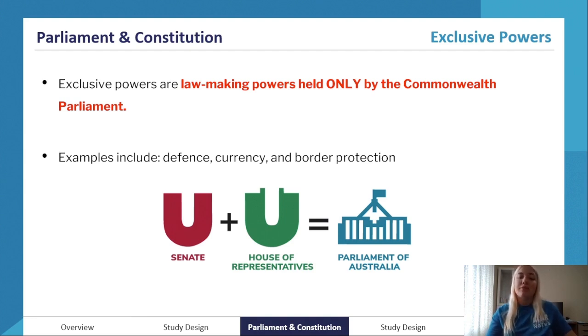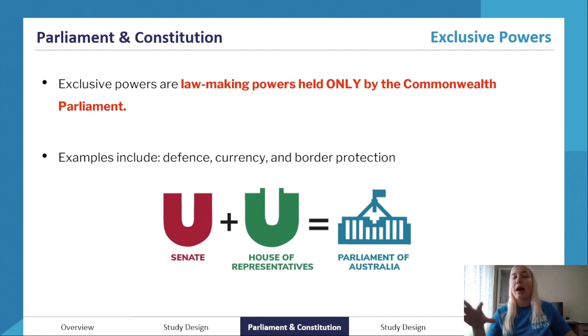Okay, so these really are only the areas that relate to things like international trade and currency and domestic issues. Most powers and areas in which we legislate are actually residual. They're not exclusive.